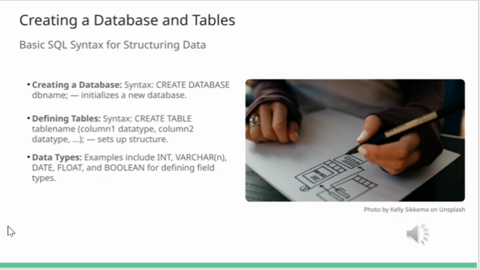The syntax to create a table in a particular database is CREATE TABLE, the table name, followed by the column name, its data type, and so on. This command defines the table name and lists the columns along with their respective data types. Each column represents a field in the table and a row is called a record or tuple.